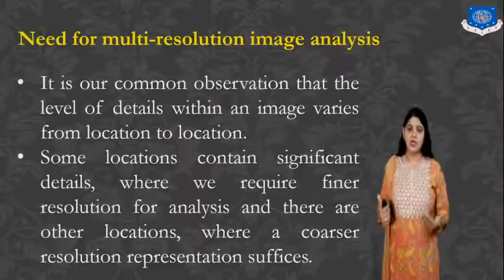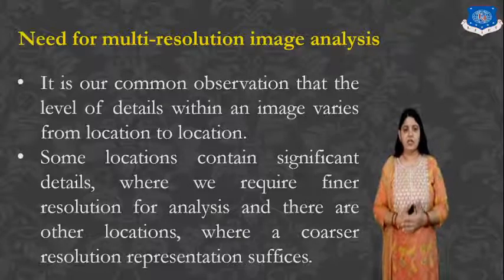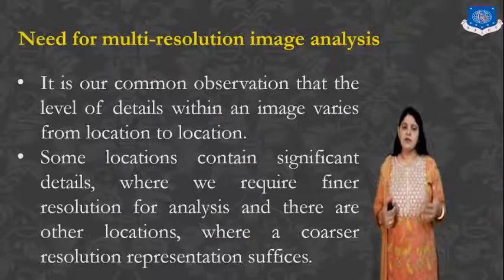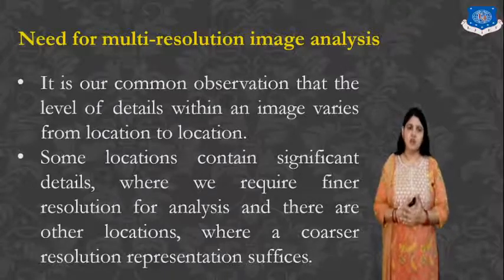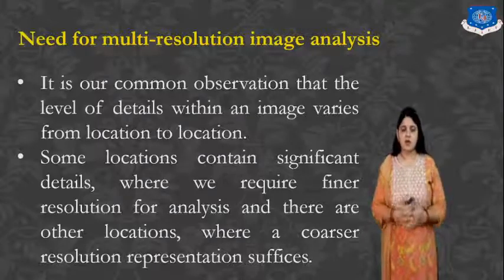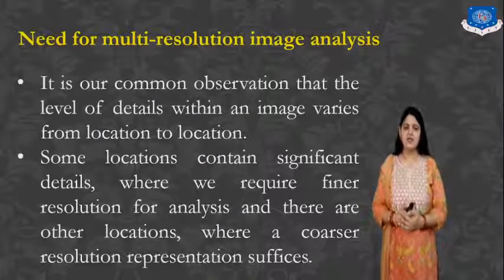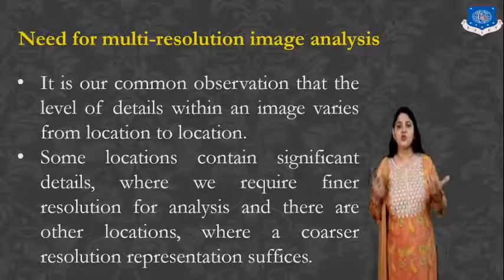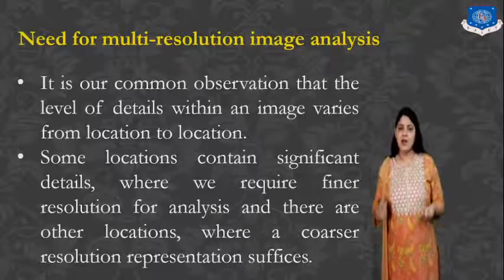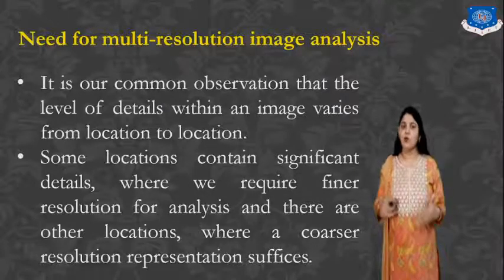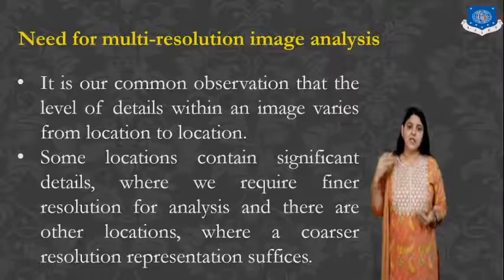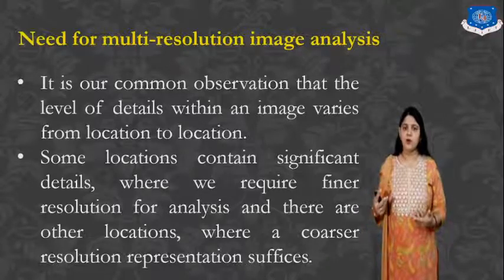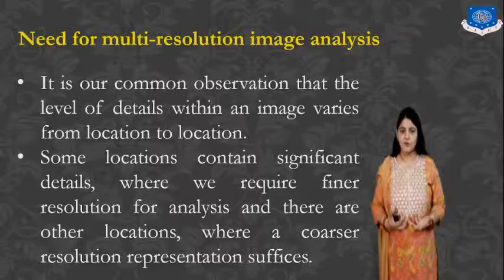Some locations contain significant details where we require finer detail for the analysis, and there are other locations where a coarser resolution representation is required. According to the particular requirement, we can apply the scaling to the particular value. If significant details are available in the image and we add a scaling component again, then that may not give the particular information.